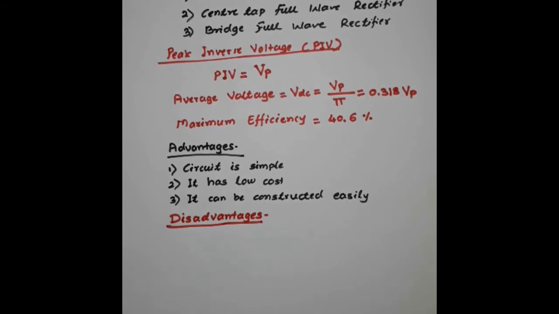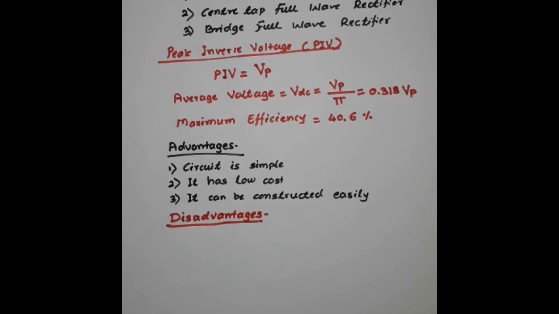In case of half wave rectifier, we know that power is delivered only during one half cycle of the AC input. As we have seen, during the positive half cycle of the input AC only we get output voltage, and during negative half cycle we don't get any output voltage.